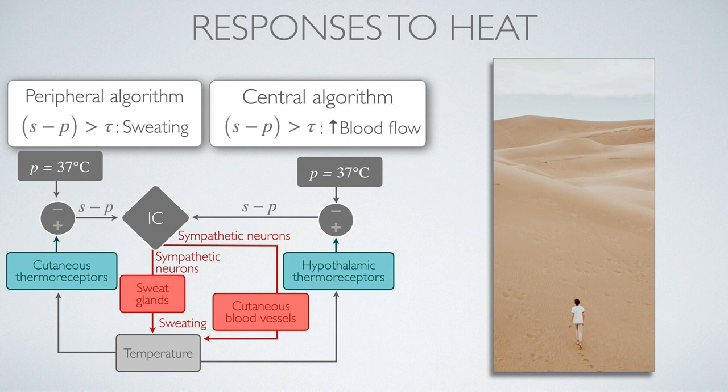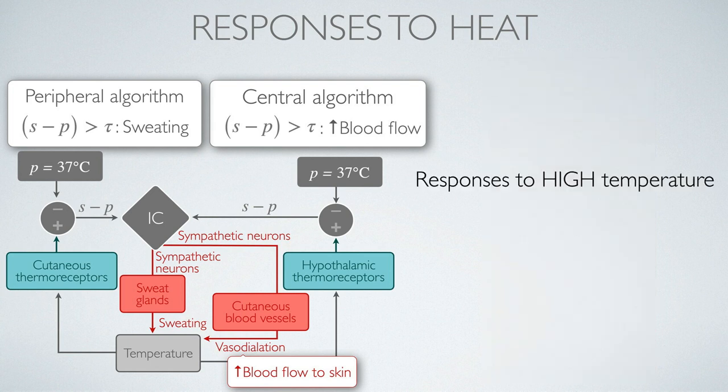And in particular, it's to increase the blood flow to the skin. Okay, if we want to take advantage of the evaporative cooling provided by sweating, then it's best to have a lot of blood flow to the skin. And so that's achieved by vasodilation of the blood vessels in the skin, increasing blood flow and allowing for a cooling of that blood, which then returns to the interior of the body.